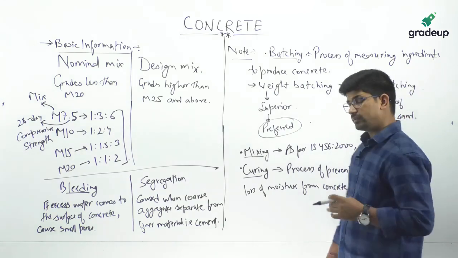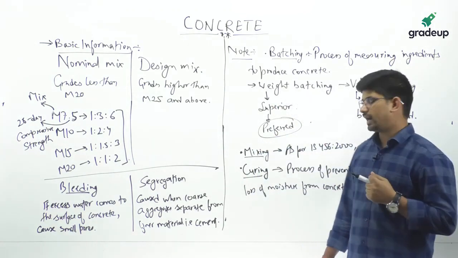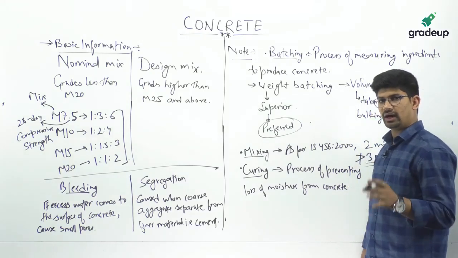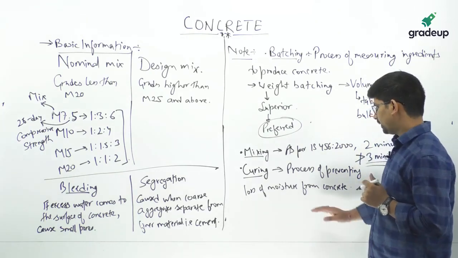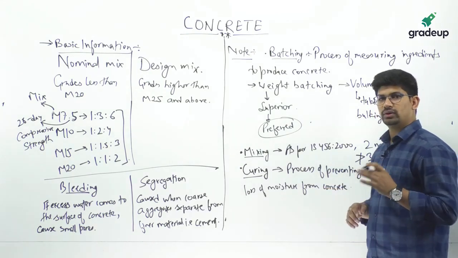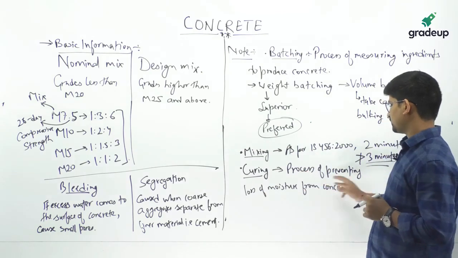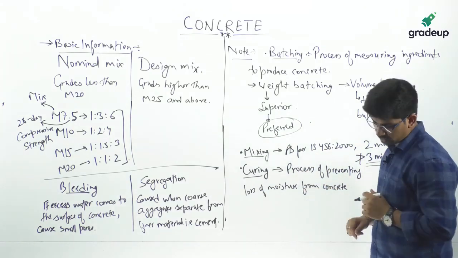There is a certain amount of water which you have added in the concrete, for the hydration of the cement and then hardening of the concrete. But if that moisture is lost, then that water will not be available for hydration. So for that, curing is done.